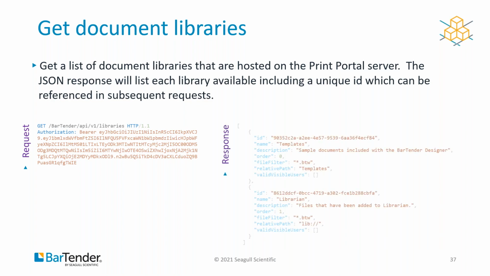And the response will be information of those libraries, or root folders, as we may call them in Print Portal. So you can have multiple root folders enabled. Some might be of the server's file system, whereas some of the root folders could be in a librarian. And it will give information about each of those root folders, including the name of the folder and the ID, which uniquely identifies that folder.